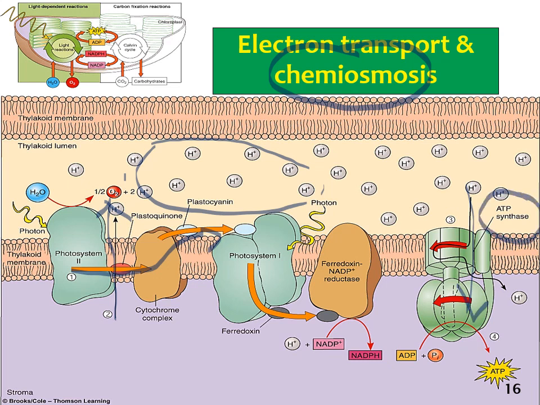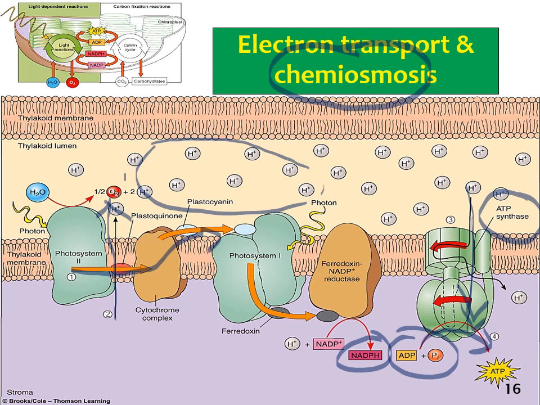When the protons diffuse back across the membrane to the stroma, energy is released, and this energy is used to bind inorganic phosphate to ADP to form ATP, and also to produce NADPH on the stroma side of the thylakoid.